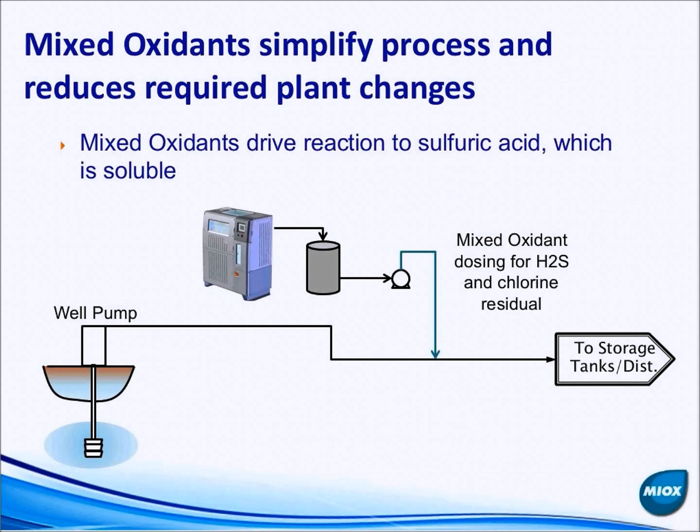Somebody is running off of a well, they've been running this way for years, they haven't had any iron and manganese difficulties, but they're seeing more and more hydrogen sulfide, or getting more complaints about it, and they're looking at a significant plant upgrade. So they would either have to put in a lot of equipment to address it, or switch to something like mixed oxidants, and then just continue the way they're doing, add in an injection quill and a mixed oxidant system, and off they go. So very little impact on the plant operation.